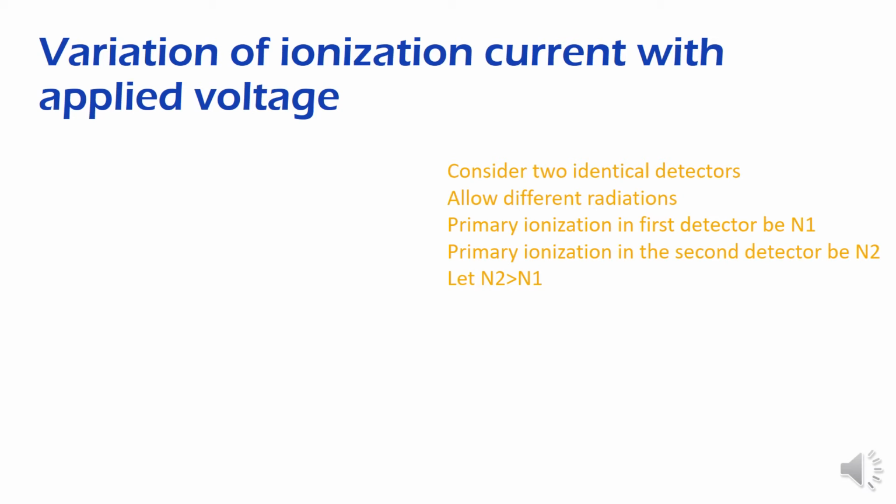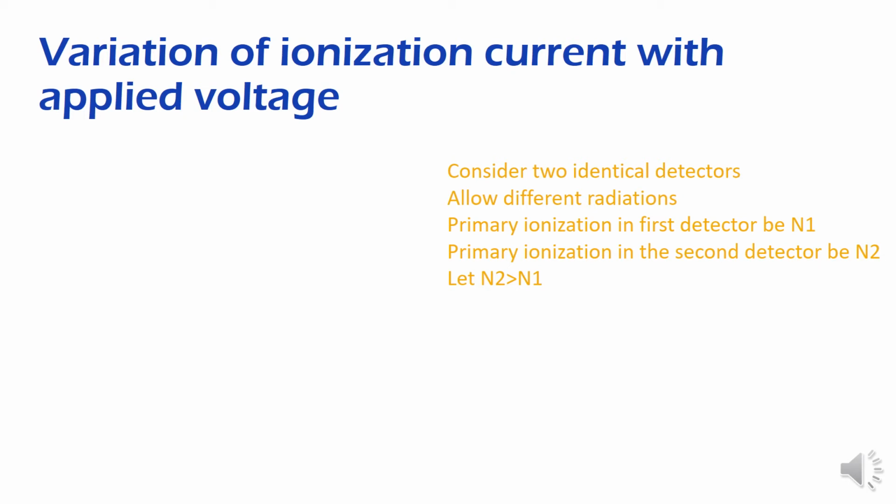And what we are going to do in these detectors, we are going to vary the voltage gradually from 0, and we are going to record the current.